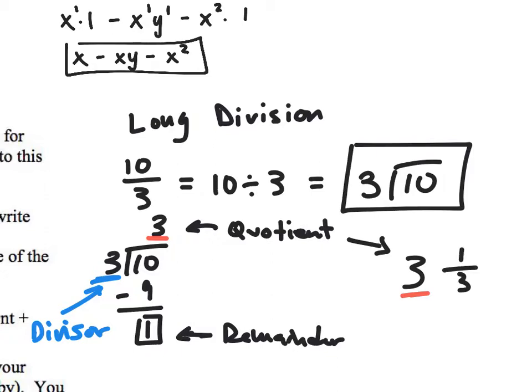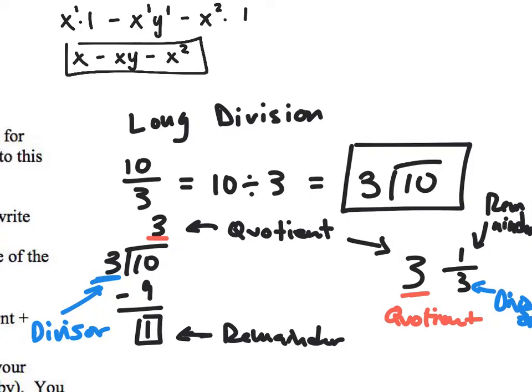Okay, so this number here was my quotient. All right, this number here was my remainder. And this here was my divisor. Okay, so that's how we'd write our answers.